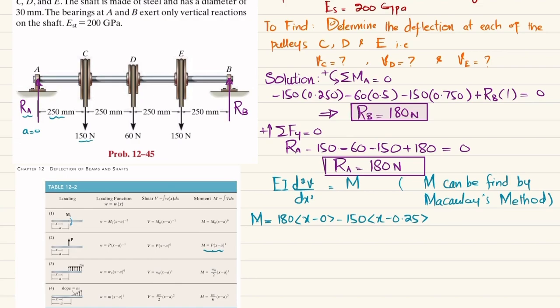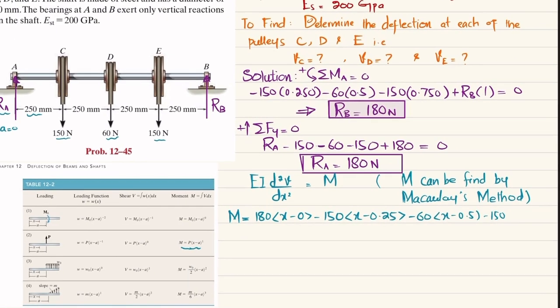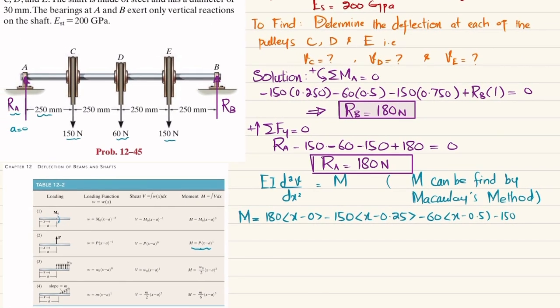The third force is 60 Newton, which is downward, so minus 60 into x minus A, which for that is 500, or 0.5. And the fourth force is 150, which is also downward: minus 150 into x minus A, which is now 750 millimeter, or 0.75.